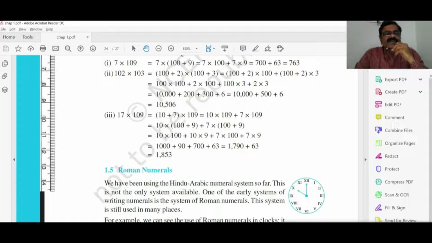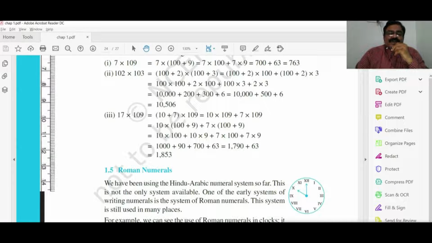Suppose the next example: 17 into 109. 17 can also be expanded as 10 plus 7, multiplied by 109. In the next step you can do 10 into 109 plus 7 into 109. Again, 10 into 100 plus 9 plus 7 into 100 plus 9.